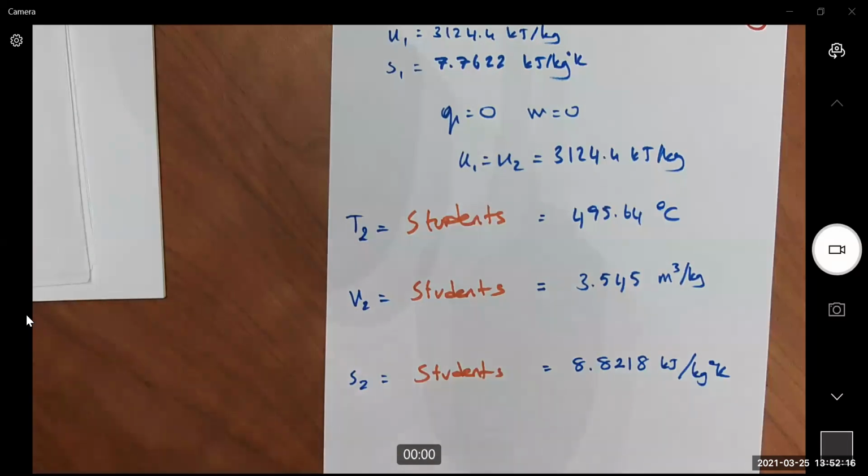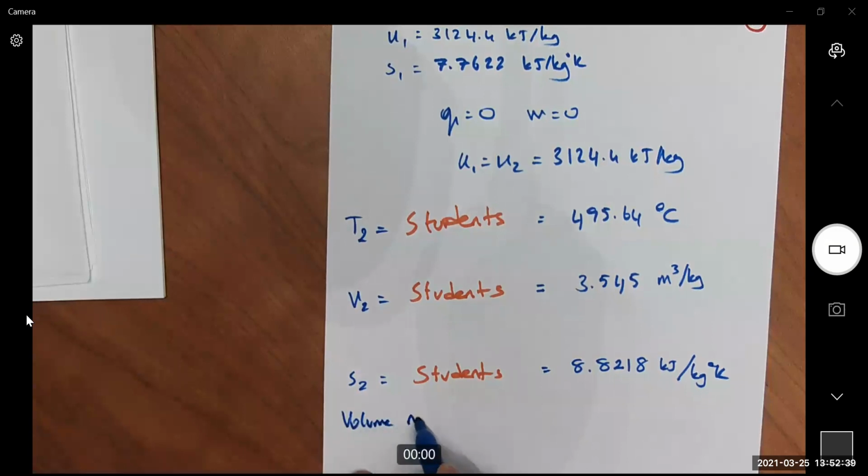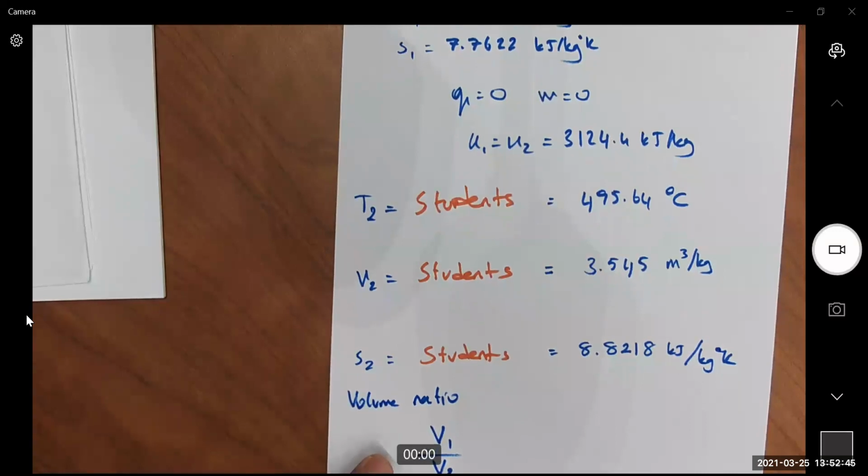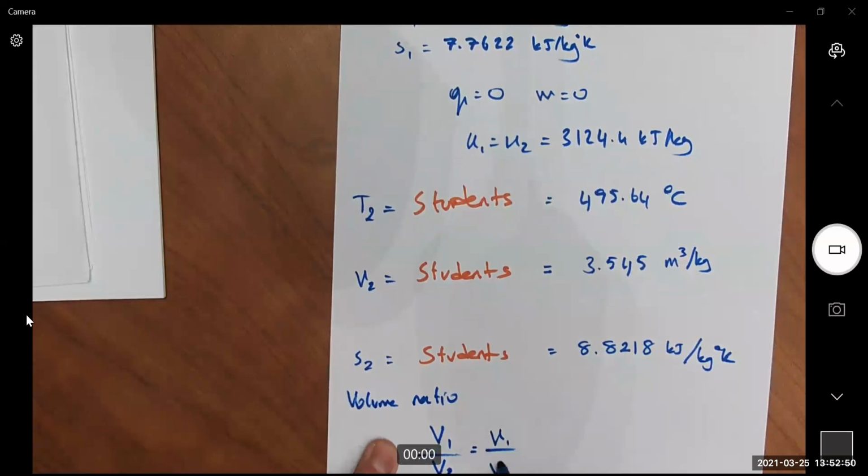It's a closed system, which means my mass doesn't change. For the volume comparison, I can compare my specific volume, because mass is the same. Mass will cancel out anyway. For part B, the volume ratio, volume 1 to volume 2, before and after the valve is open, is literally the specific volume ratio, because mass is constant.